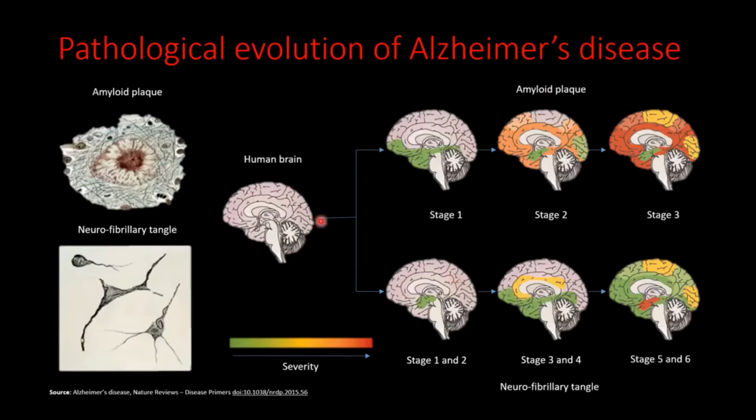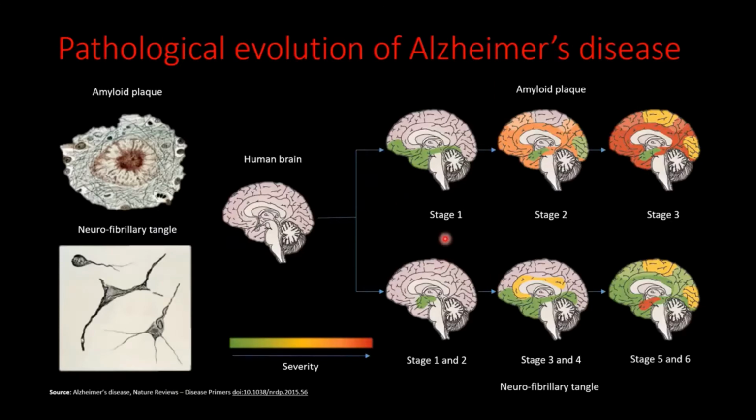So a brief intro on Alzheimer's disease. Alzheimer's disease is a neurodegenerative disease, and it is marked by two major misfolded proteins, which accumulate either inside the neuron or in the vicinity of the neuron, which causes the neurodegeneration pattern that we saw in the earlier slide.